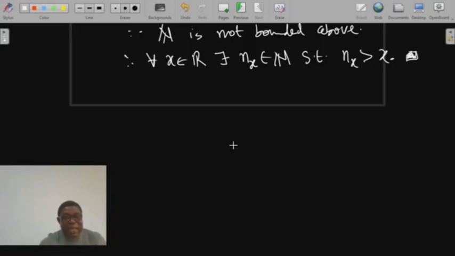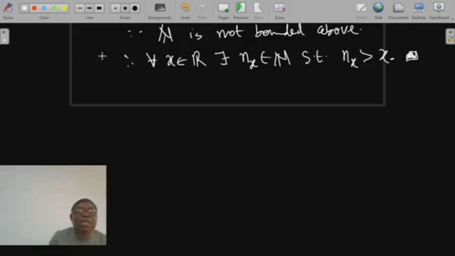It is a very important exercise, even though I call it an exercise, because it will talk about the density of the set of rational numbers as well as the set of irrational numbers on R.